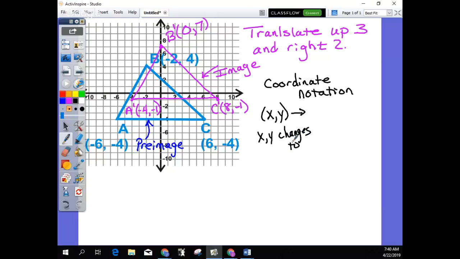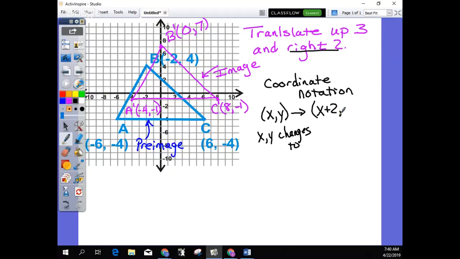Now I have to look at what happened to all of the X coordinates. Since I moved right 2, that affected the X coordinates. A used to have an X coordinate of -6, and now it has -4. How did I get from there to there? I added 2. Let's check: -2 changed to 0, so that's adding 2. So all of my X's had a 2 added to them.